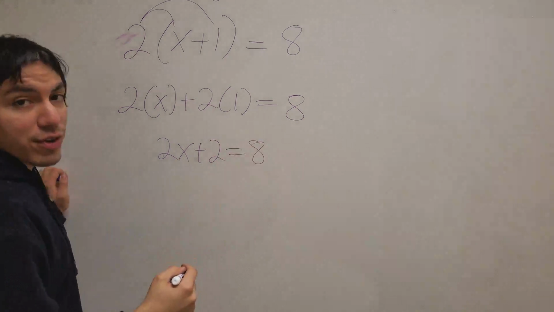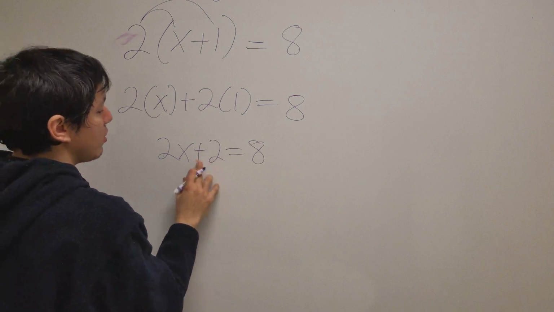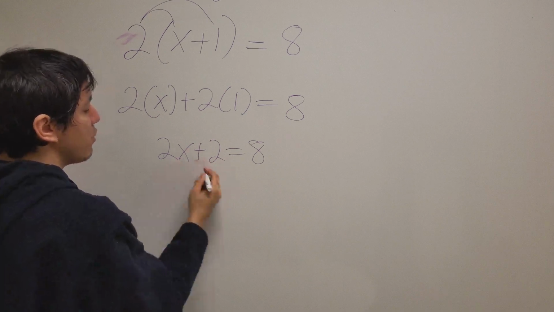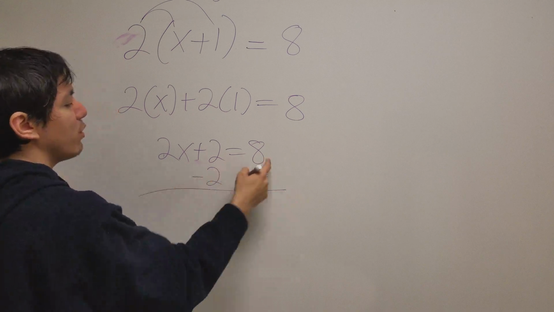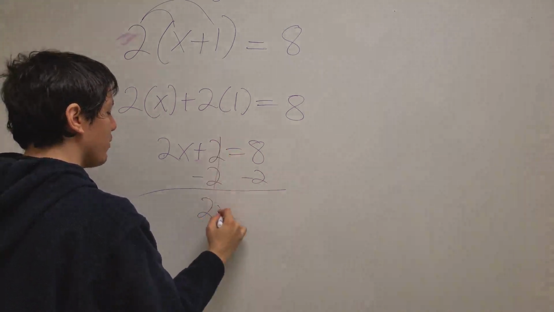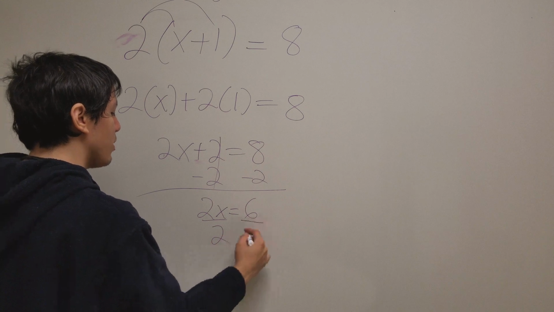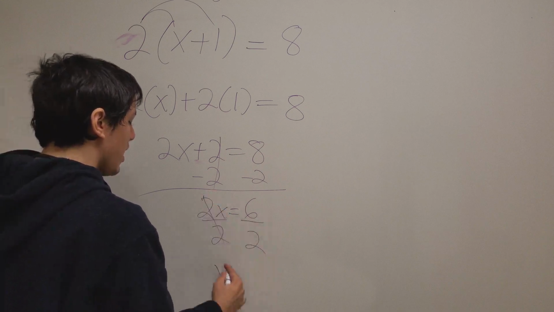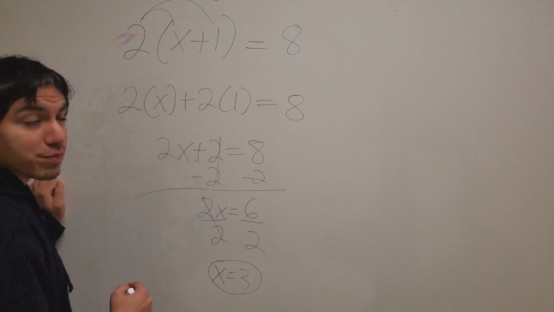And in my previous video, we remember how to just simply cancel out the numbers to get the variables by themselves. We subtract each number on both sides to keep balance. So this becomes 0, and I'm left with 2x equals 6, and then I divide both sides by 2. X equals 3 as my final answer.